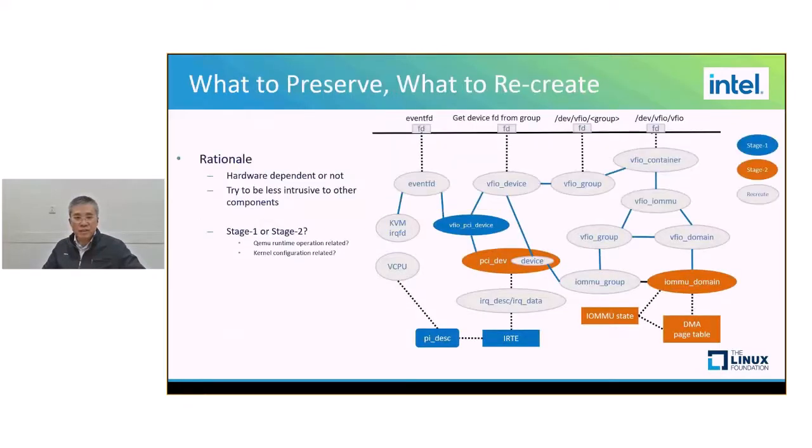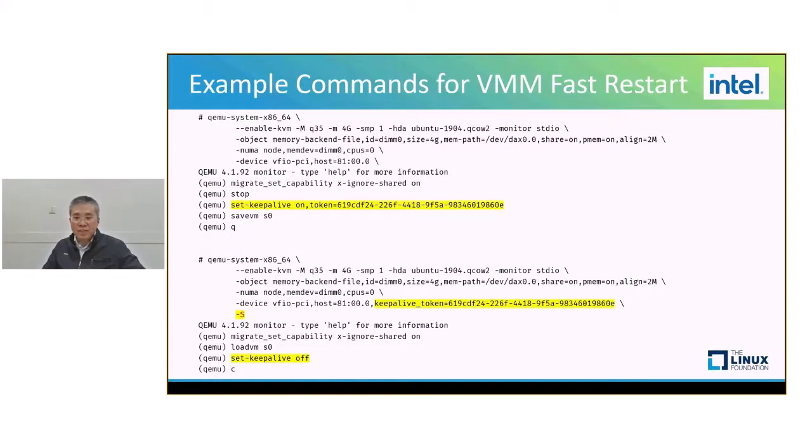After the resumed Qemu loads the snapshot, we issue the set keep alive off command to clear the keep alive flag for all the pass-through devices. After that, the pass-through devices will start working as usual.